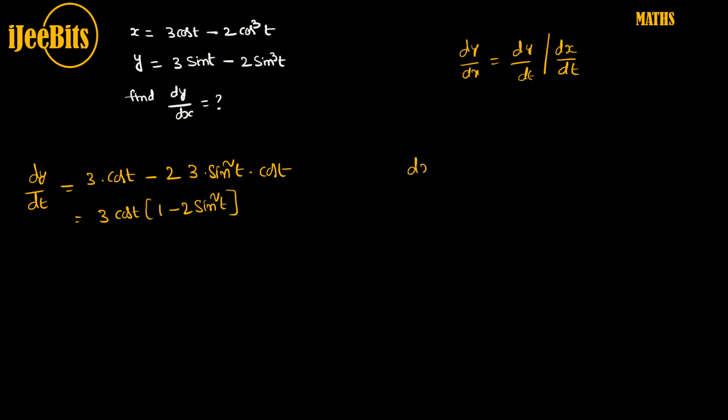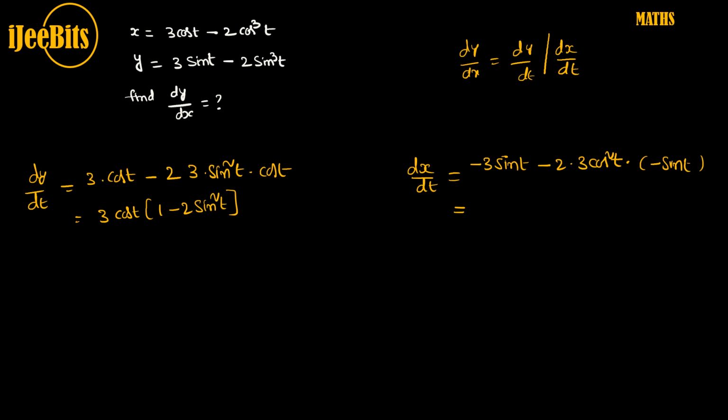Similarly, you can say dx by dt. This one, right? So minus 3 sine theta, because the differentiation of cos is minus sine, minus 2, and then cos cube gives 3 cos square t, and the differentiation of cos is minus sine t. Right? So how do you apply here?